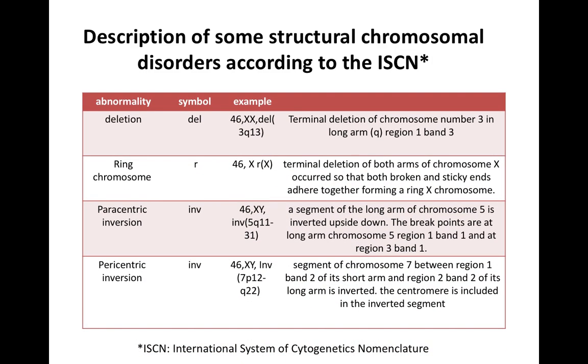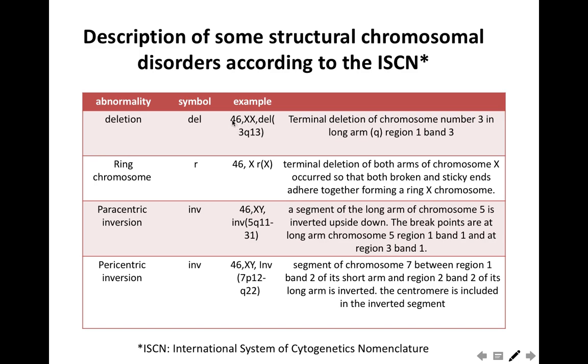This table here shows the symbols that are described according to the International System of Cytogenetic Nomenclature, and how you describe a karyotype with a structural chromosomal abnormality. So you can go through these before describing the different karyotypes. I would just want to give an example.